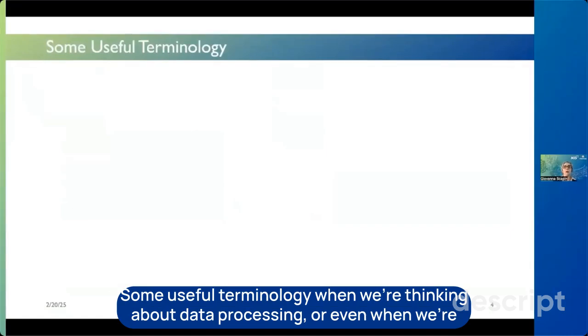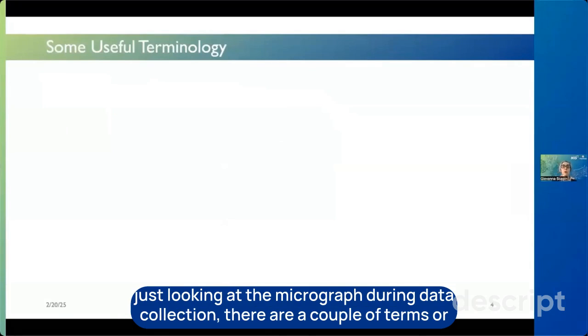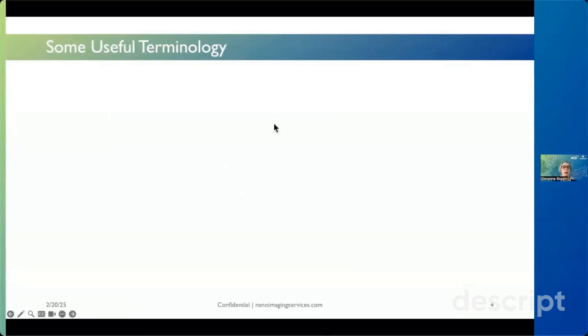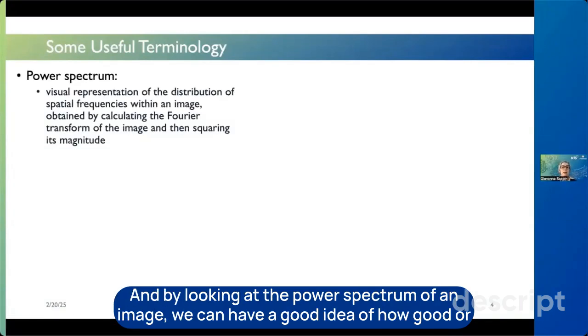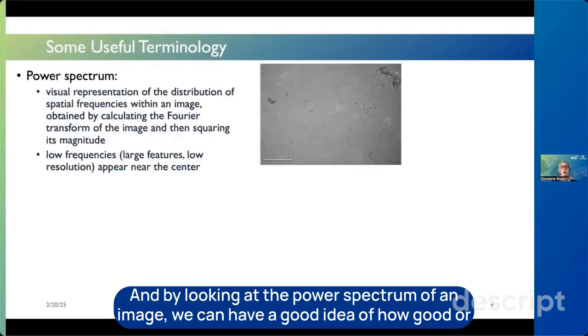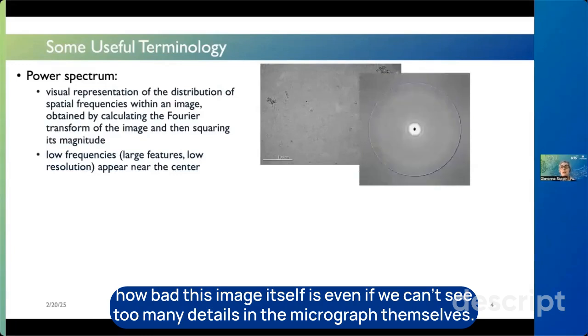Some useful terminology when we are thinking about data processing, or even when we are just looking at the micrograph during data collection: there are a couple of terms or definitions that might be useful to know. One is power spectrum, which is basically the Fourier transform of the image. By looking at the power spectrum of an image, we can have a good idea of how good or how bad the image itself is, even if we can't see too many details in the micrograph.